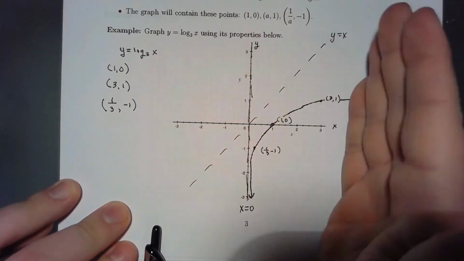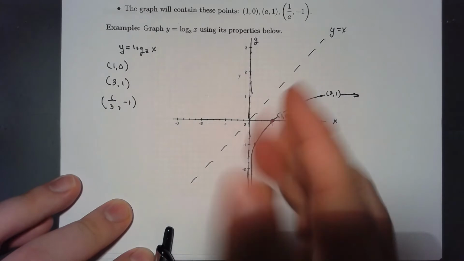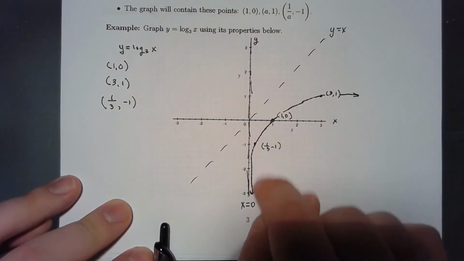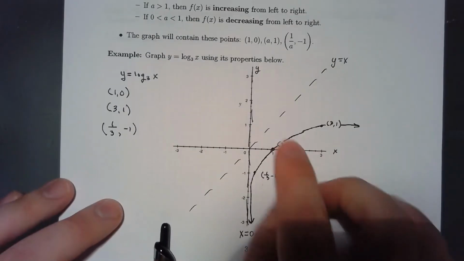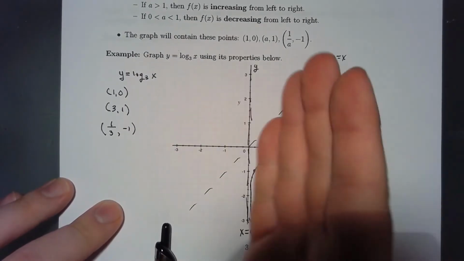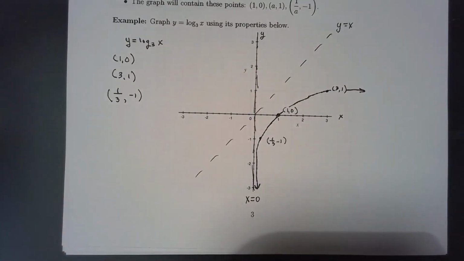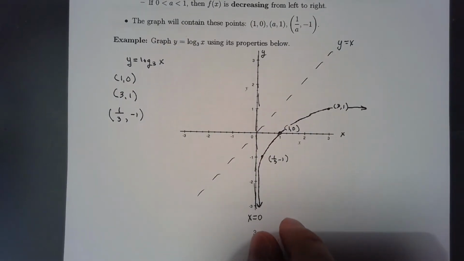It's strictly on the right side of x, and I don't get any negative values for it. The result of the logarithm could be positive or negative, but the logarithm itself only takes in positive values of x. So, that's a basic graph of a logarithm right there.